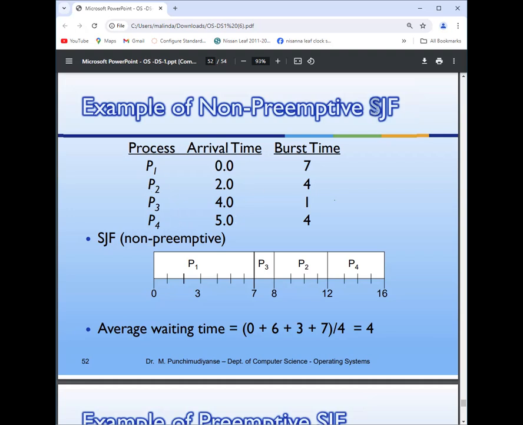P2's burst time equals 4, and P4's burst time also equals 4, which is equal. So we cannot take any decision, and we have to check the arrival time. P2 arrived first, then P4. Because of that, we allow P2 to run first, then P4 next. So that is how the Gantt chart is drawn.